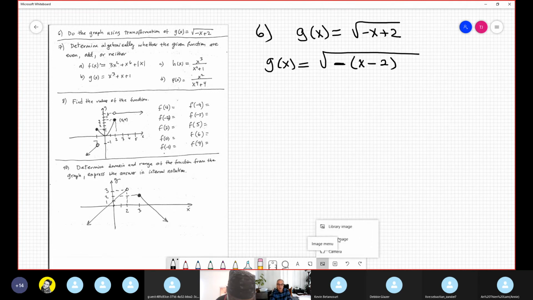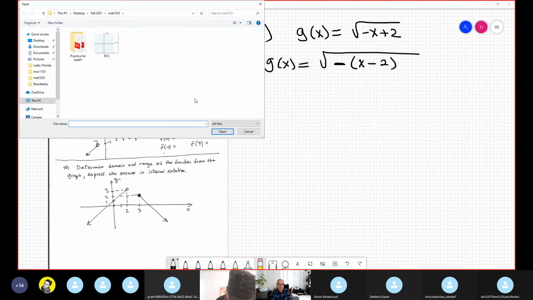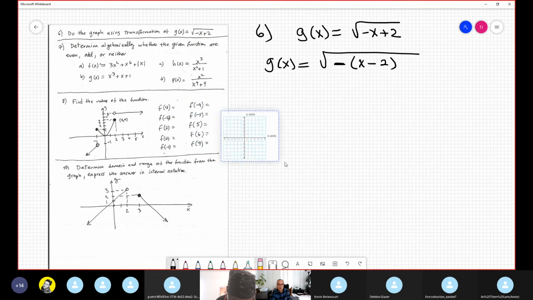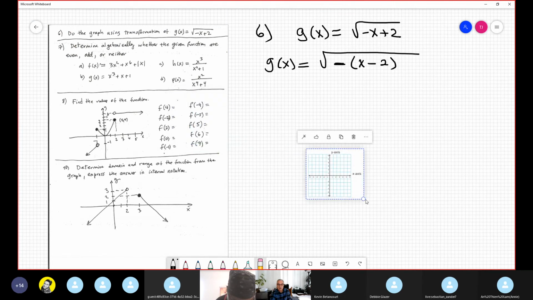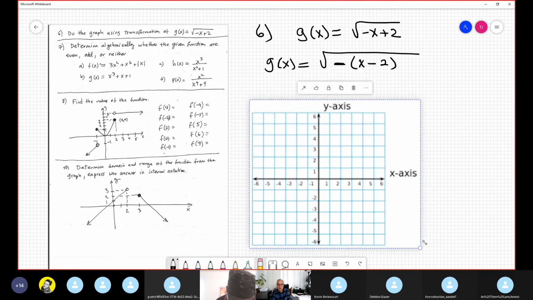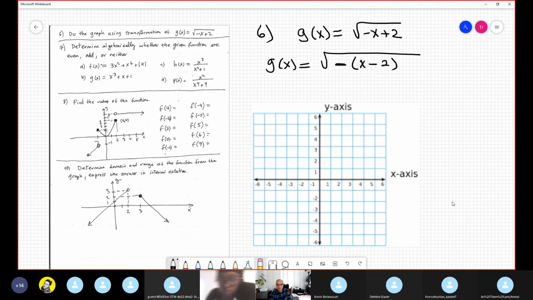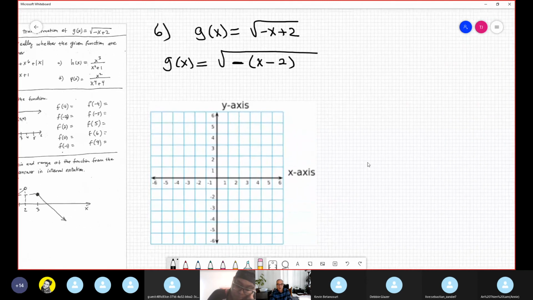Okay, our transformation is reflection first. Reflection first, because of this negative. Okay, what is the idea? The idea is these belong to the family of the square root function.